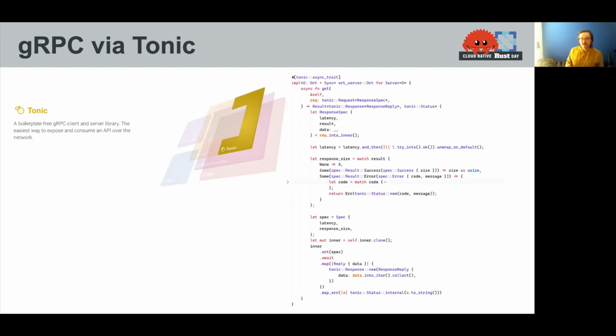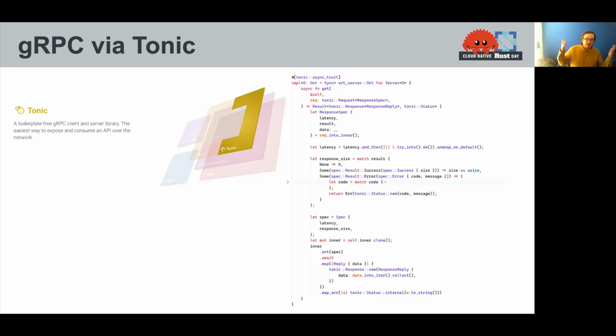Another library that we've been heavily involved in is something called Tonic. Tonic is a gRPC binding for Rust. Again, really bound up with Tower and Tokio's async runtime and async networking. Tonic lets me write little gRPC services. So here on the right, this is a load testing service that I wrote.